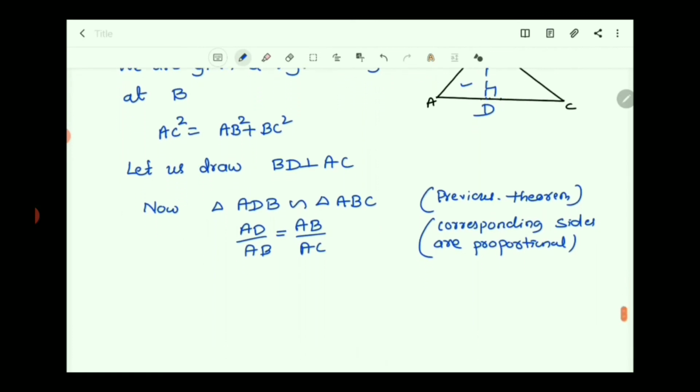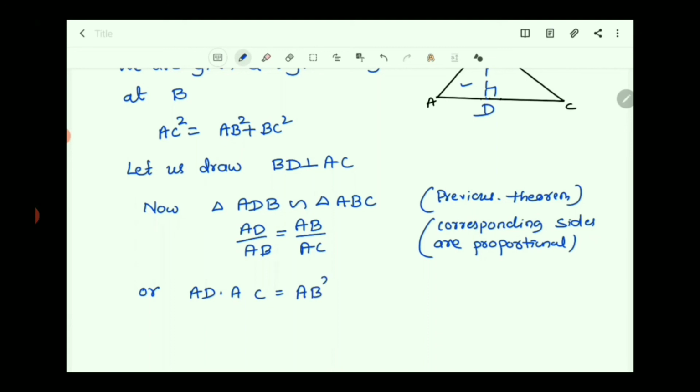Next, you do the cross multiplication. What will you get here? This into this: AD into AC is equal to AB into AB, that is AB square.